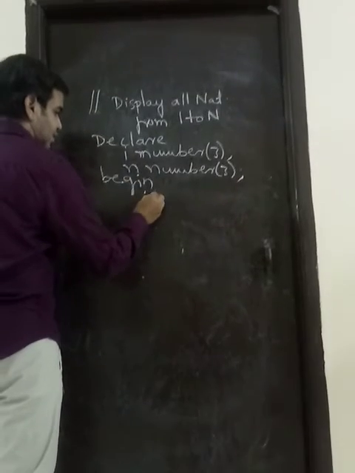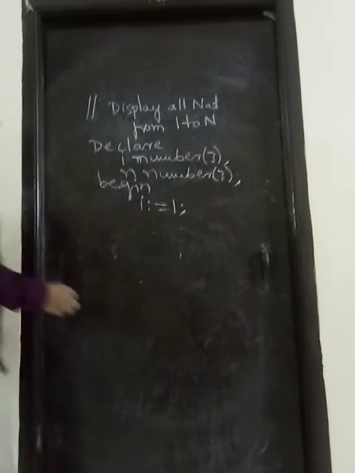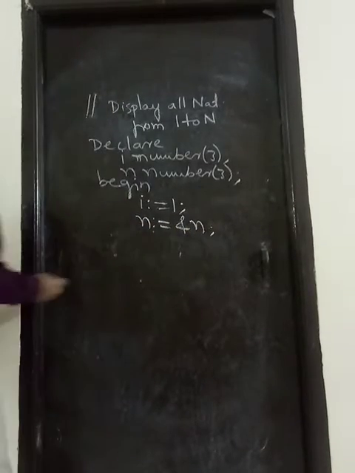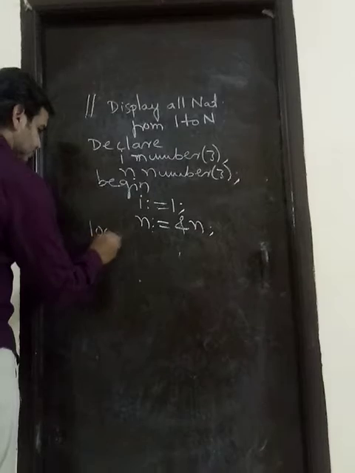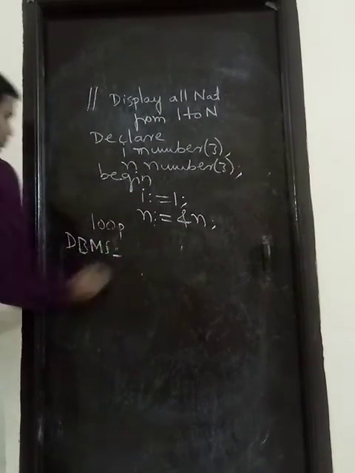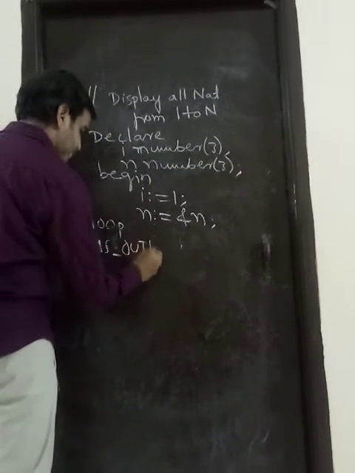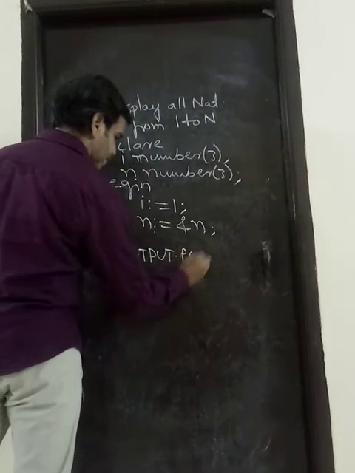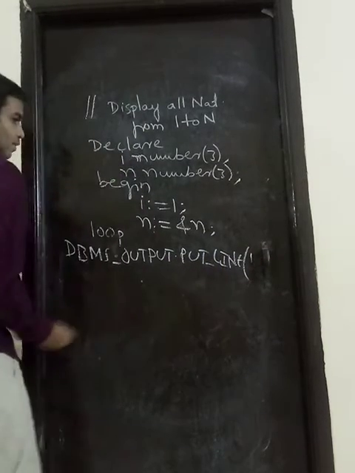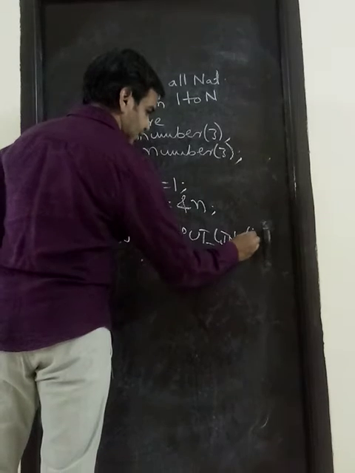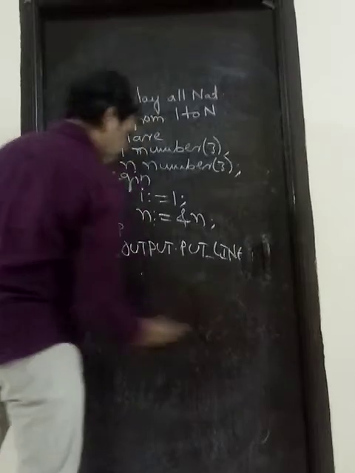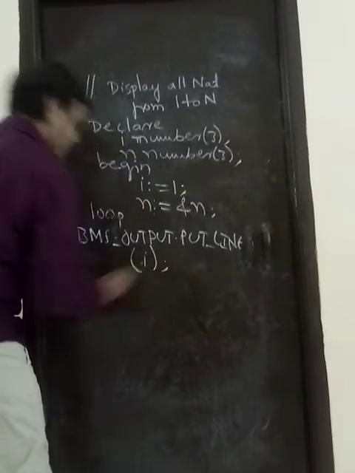First I am initializing i := 1. Then n I am entering at runtime. Then in the loop, directly printing with dbms_output.put_line, displaying only i.